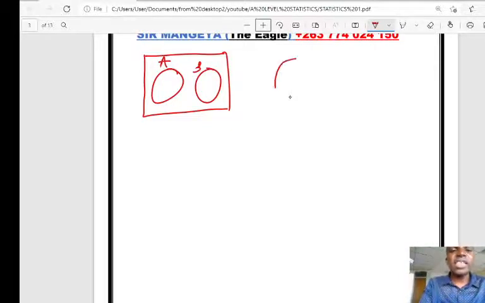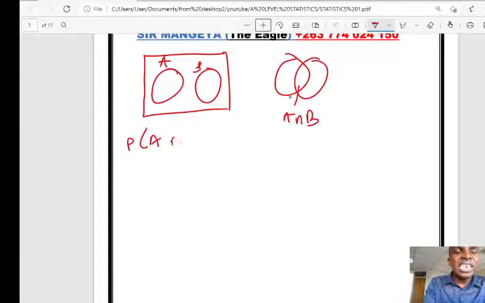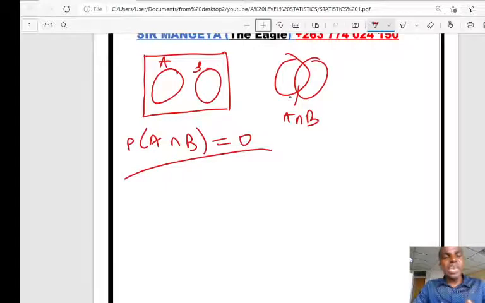A intersection B means there's something in common in both A and B. But these events don't have anything in common. They cannot happen at the same time, which means probability of A intersection B is 0. Take note of that.